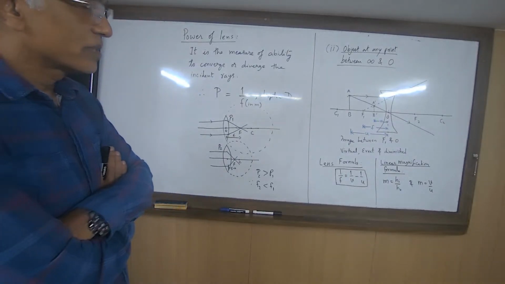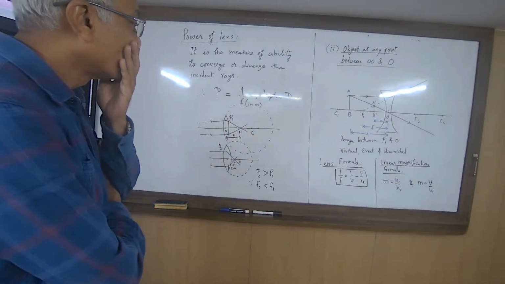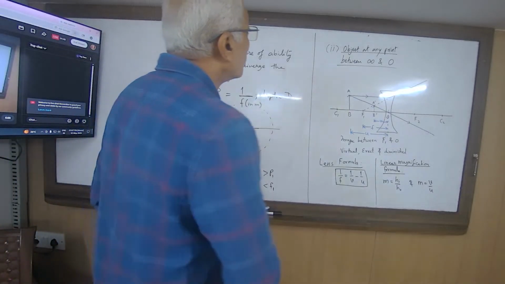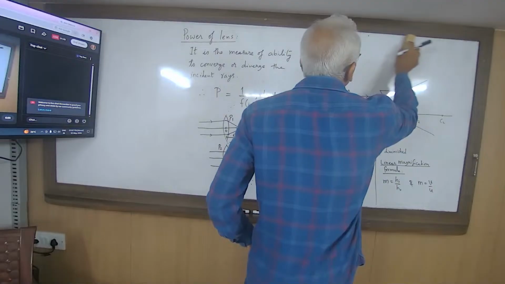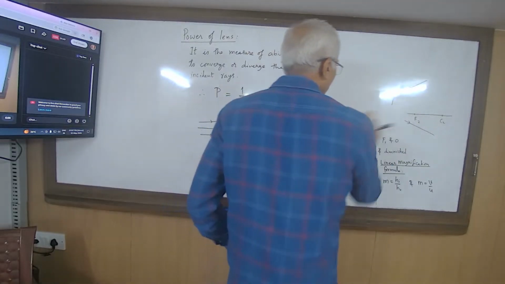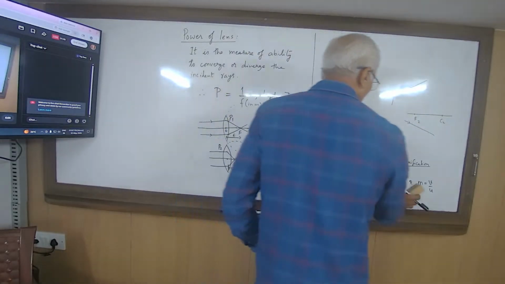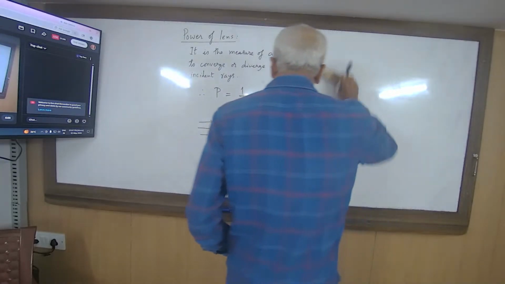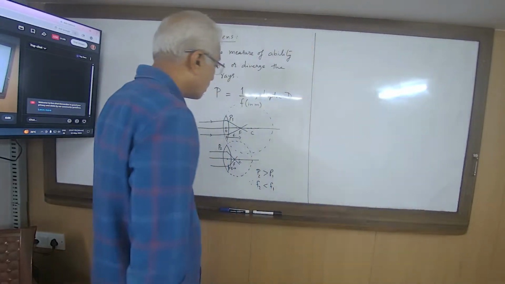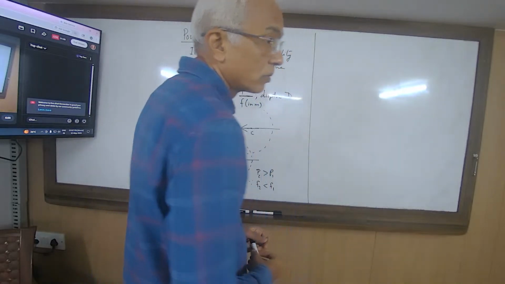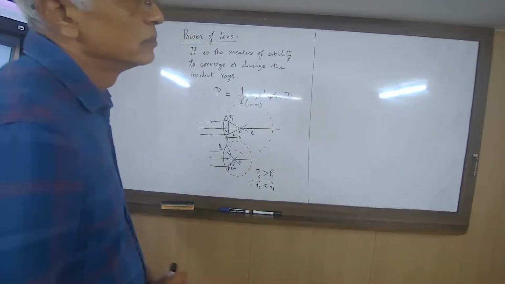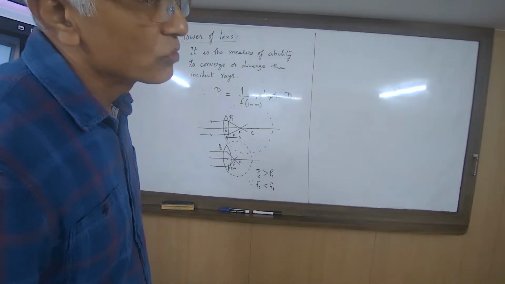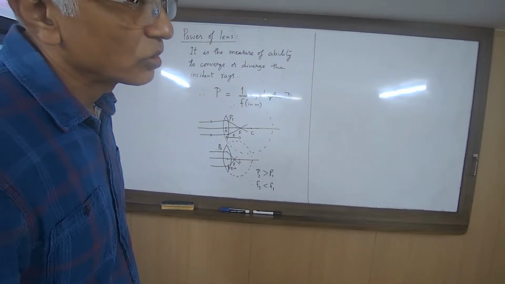Now we'll discuss the sign convention for lens. In case of a concave lens, which has more power, thick or thin? Whose focal length will be bigger or smaller?